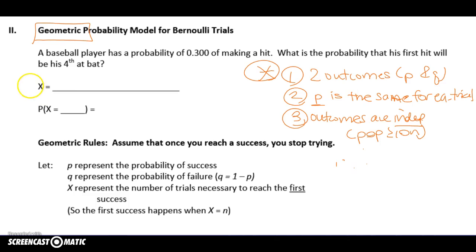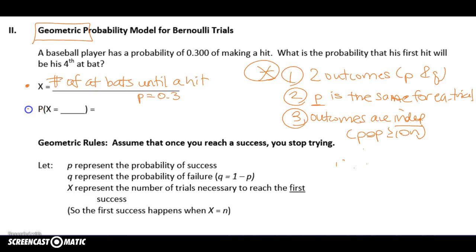As always, we need to start by defining our distribution. X is our random variable that we're looking at. This is going to be our number of at-bats until we have a hit. Right underneath it, I'm going to write P equals 0.3 because that's our probability of success.